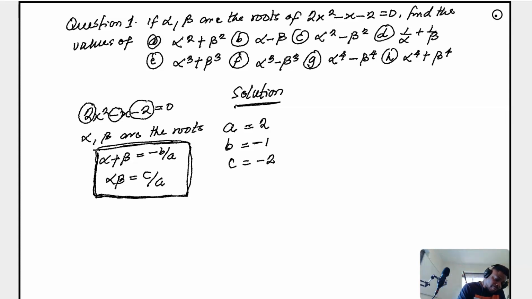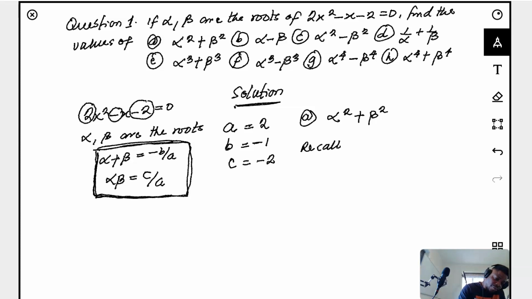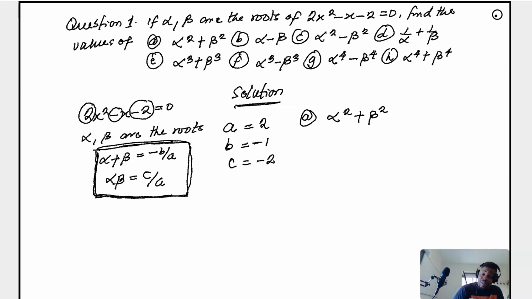So now, the question says, question A, we want to get the value of alpha squared plus beta squared. Rather than recalling, I will give you a set of formulas that you need to know.